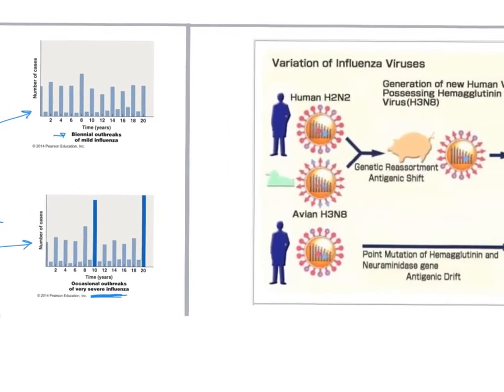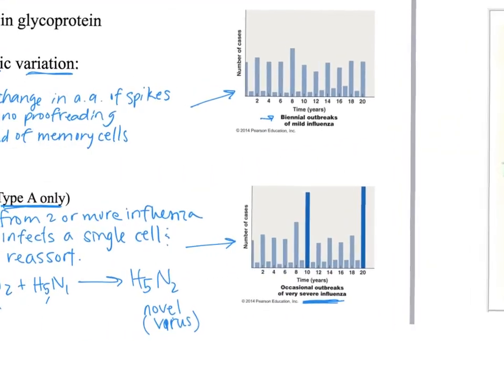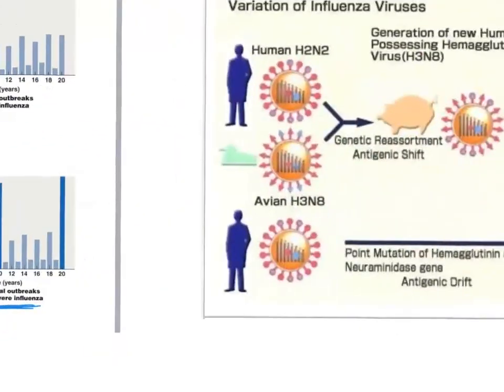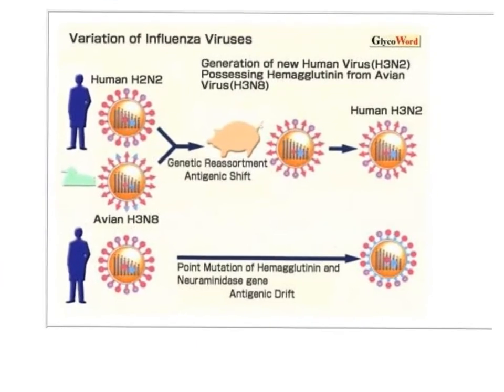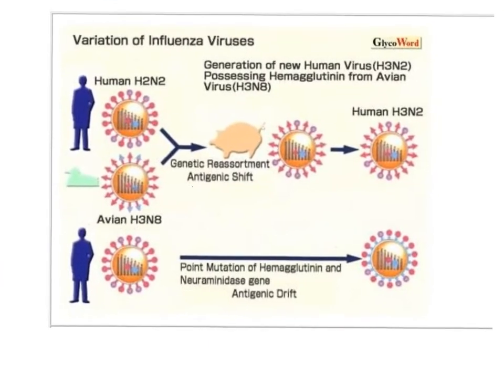Okay, and this next graphic kind of explains that antigenic shift a little bit, maybe better than what I did. So at the top here, here's a virus that's infecting humans. Here's maybe one from a duck. And then if both of those infect, say, a pig at the same time, we can get some reassortment there, and a different form that now maybe can infect humans that hadn't previously.